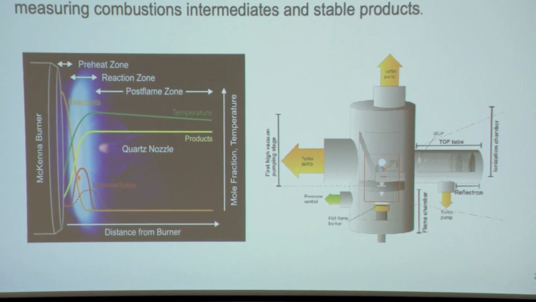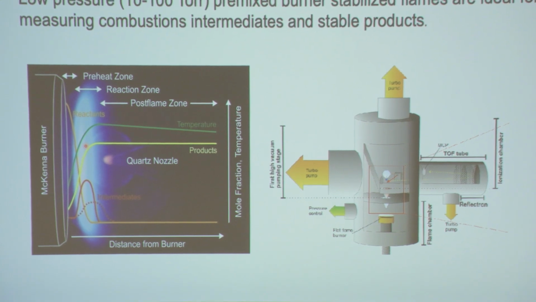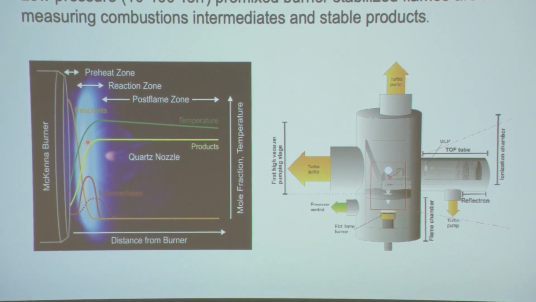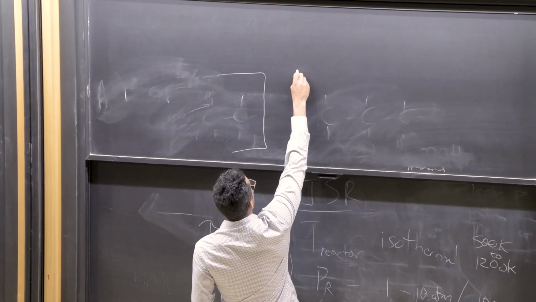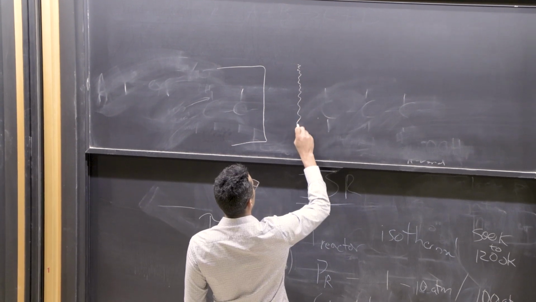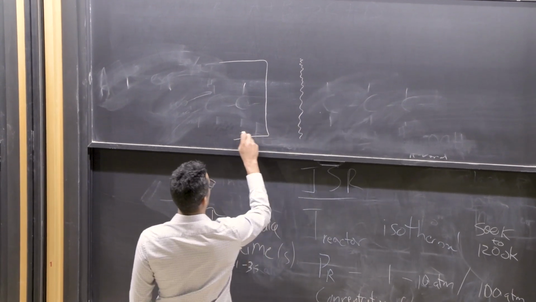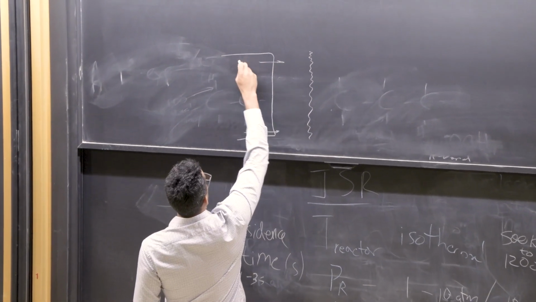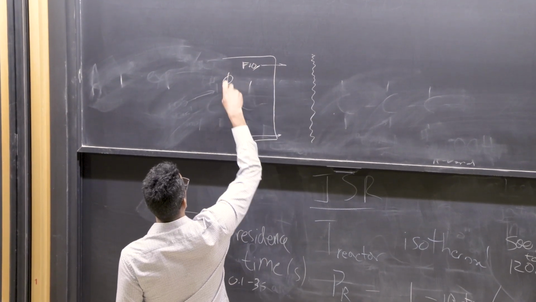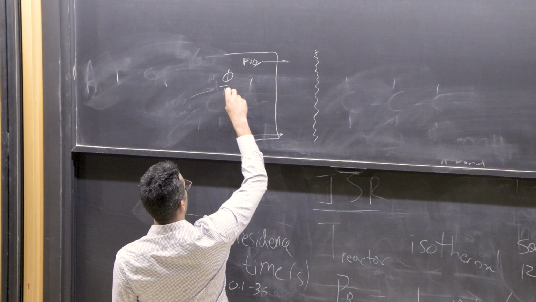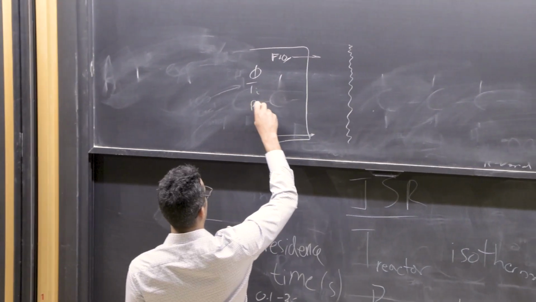And you ignite the flame, and it gets stabilized on the burner. This might be our flame here, okay? The fuel and oxidizer are coming in here. The phi is fixed, the initial temperature is fixed, and the initial pressure is fixed.